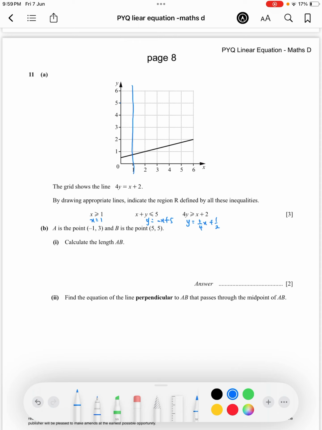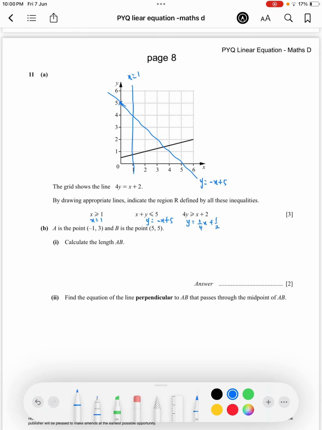Okay, yep, that is where you should be. That means going up 1, 5. So it should be a straight line going that way. So this is x equals 1, this is y equals minus x plus 5.